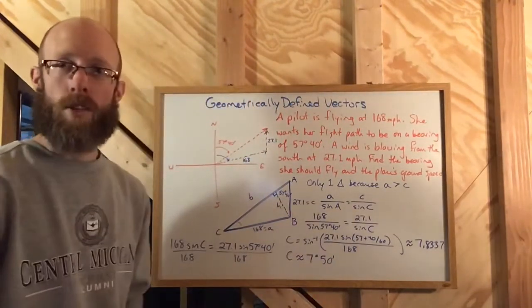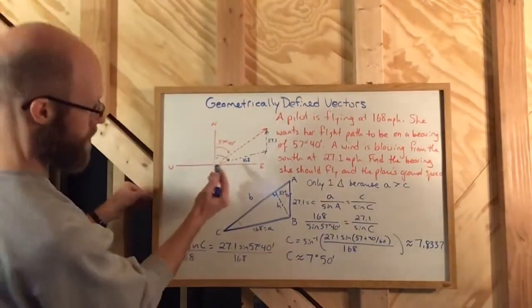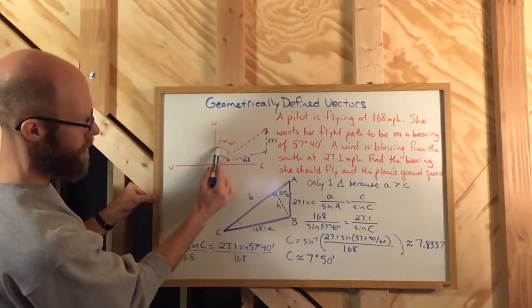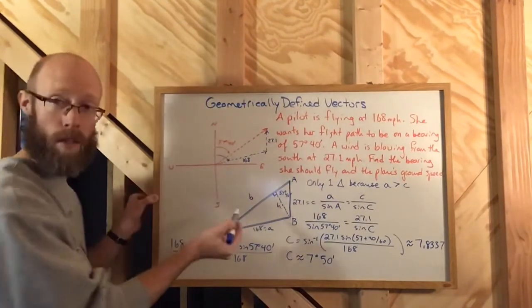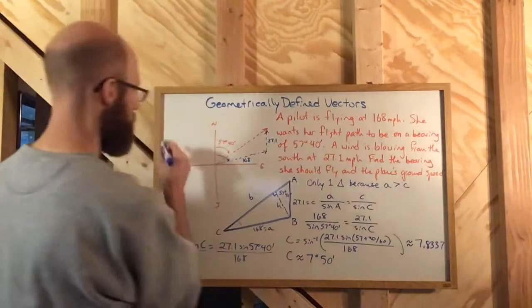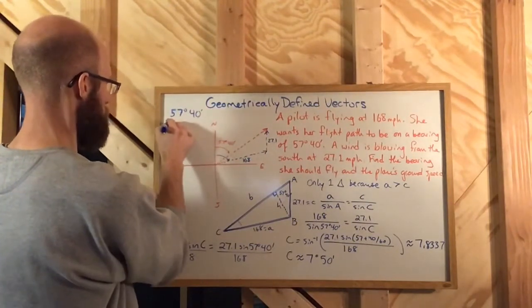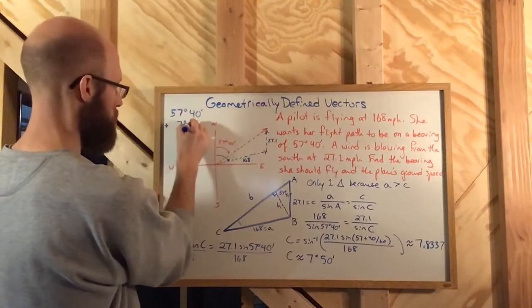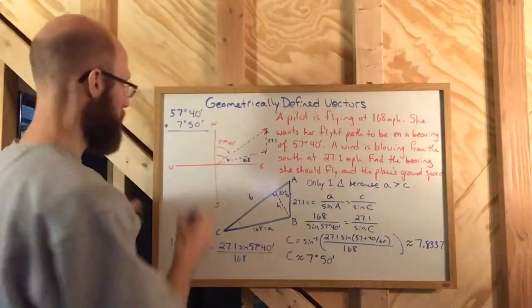Okay? So now I add that to the original angle, because that's what we want for our bearing. We've got the original 57 40 and then add this little bit in here, that would give me the final bearing. So 57 degrees 40 minutes plus 7 degrees 50 minutes. Well, the 40 and the 50 make 90 minutes, right?